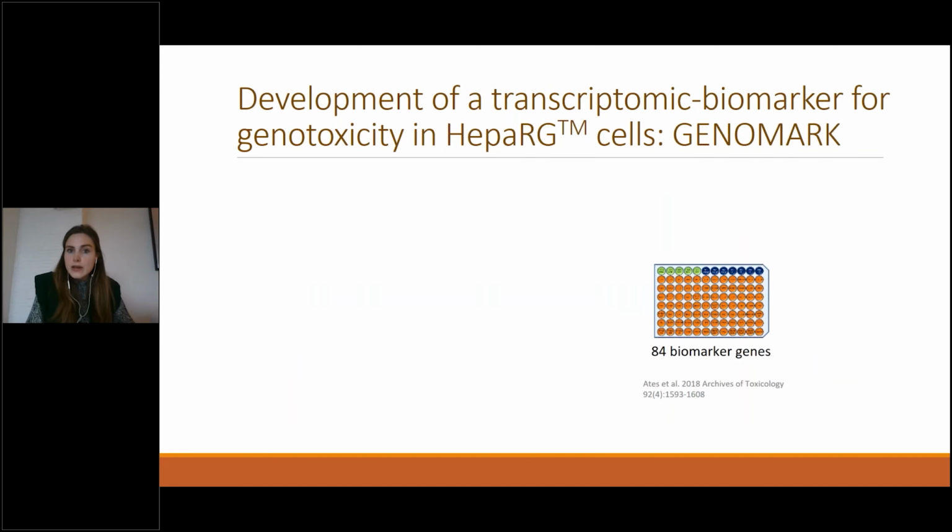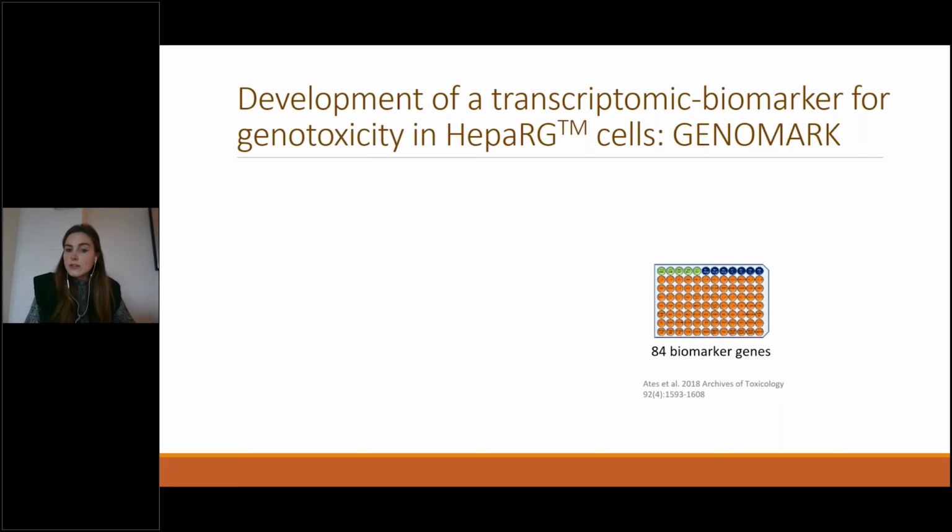This is why, in a previous PhD project in collaboration between the VUB and Sciensano, the GENOMARK biomarker was developed. GENOMARK is an 84-gene biomarker that is able to classify chemicals of interest into a genotoxic or a non-genotoxic group.